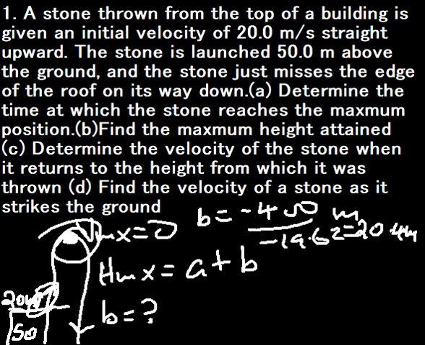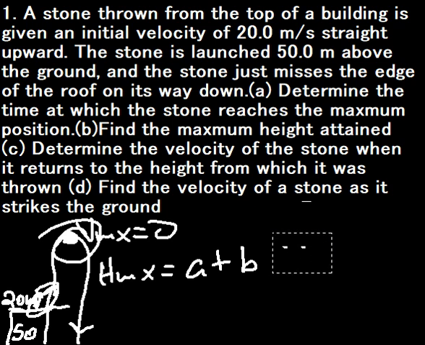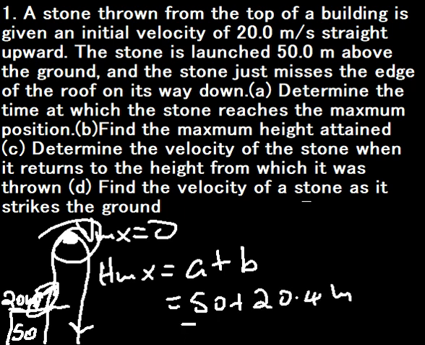So we discussed a lot of formulas that you should use in the analysis, but we are using the formula according to the parameters that we have. It will work. So therefore the maximum height attained is given as 50 meters plus 20.4 meters, which is 70.4 meters.